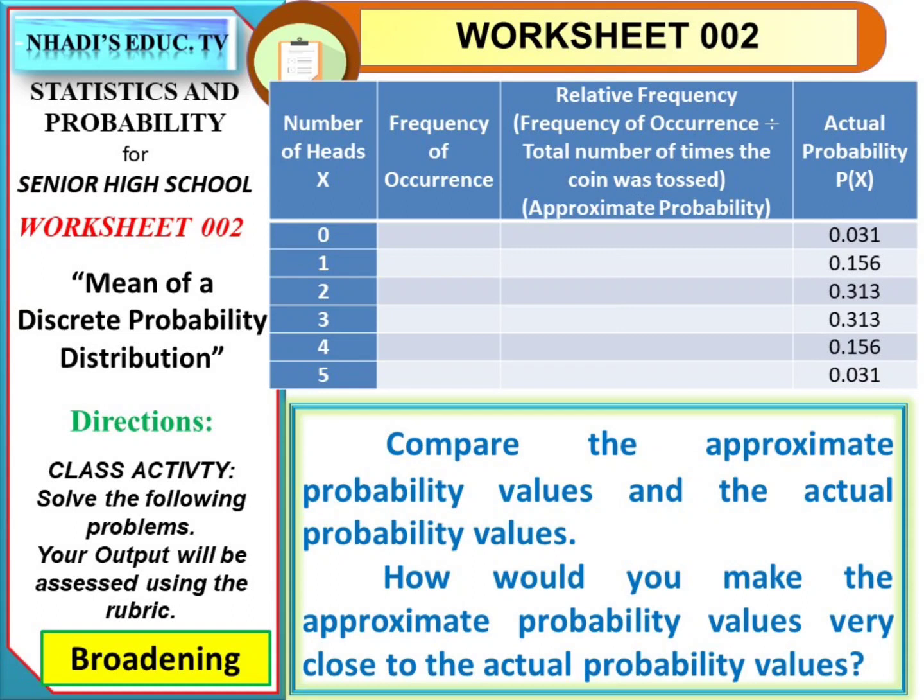And the last part is the actual probability, or the probability of x. And then later we are going to compare. So below that table, compare the approximate probability values and the actual probability values. Answer this question: how would you make the approximate probability values very close to the actual probability values?